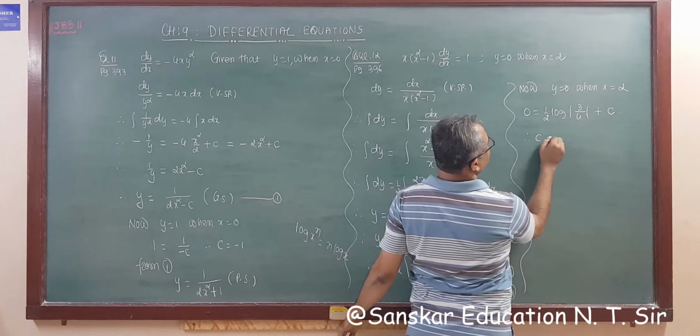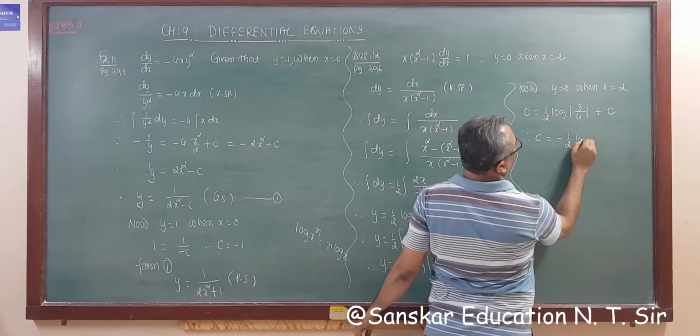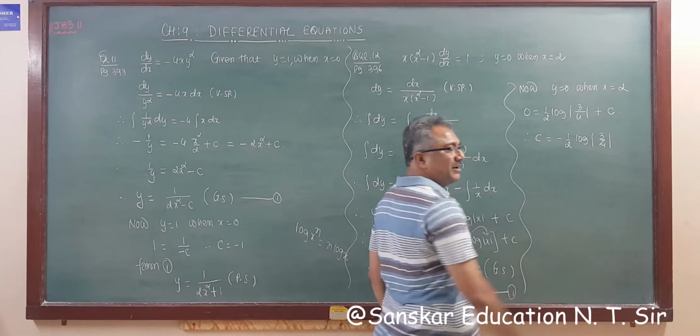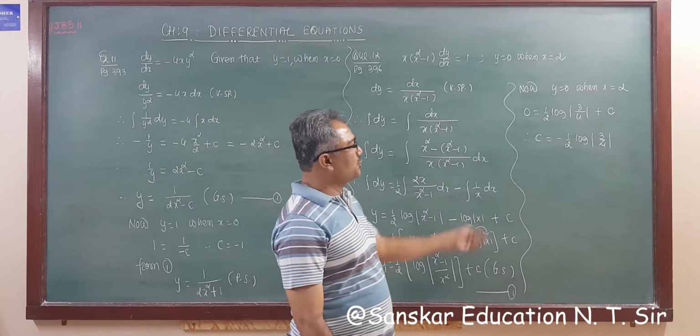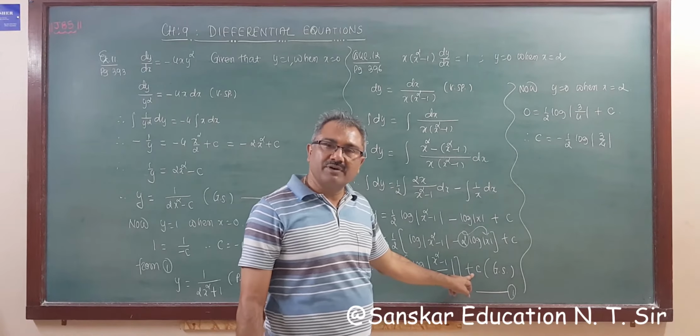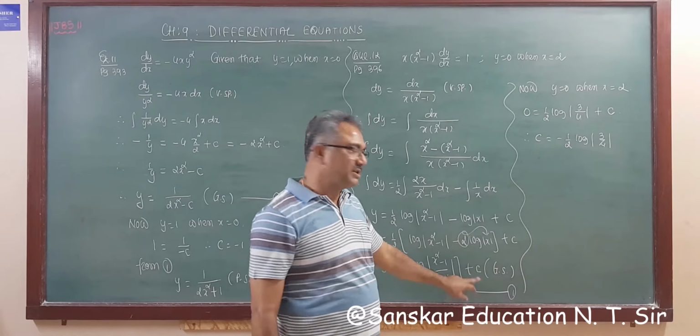So therefore c is equal to minus half log mod 3 by 4, or you can write simply 3 by 4 because this is a positive number. So substituting the value of c in the general solution, that is in equation number 1, we get our particular solution.